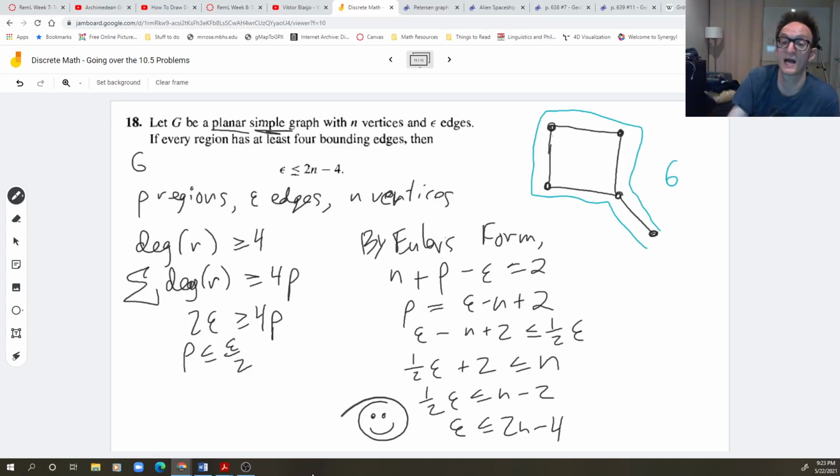And this makes me believe that the problem was designed in order to insist that this graph be connected. Is that actually true? Could I show an example of a disconnected graph which violates this formula?